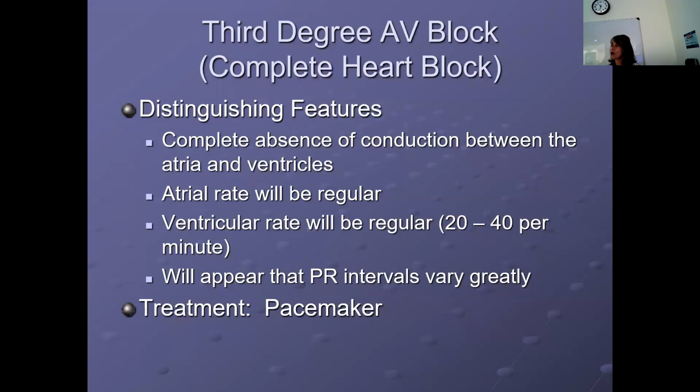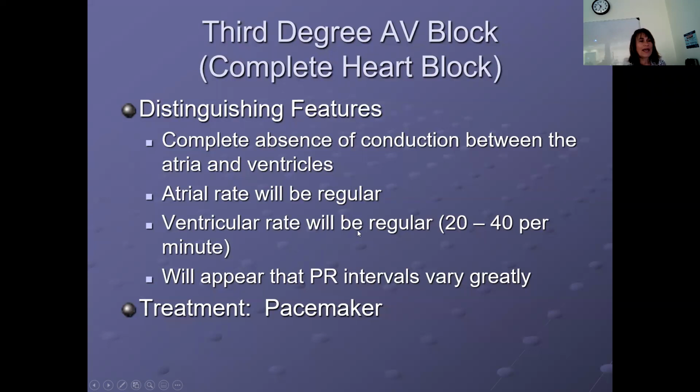So you'll see a wide QRS, that's slow. You'll also have P waves, but there's just no correlation between them. So what do we have here? Complete absence of conduction between the atria and ventricles. Atrial rate will be regular, and the ventricular rate will be regular.